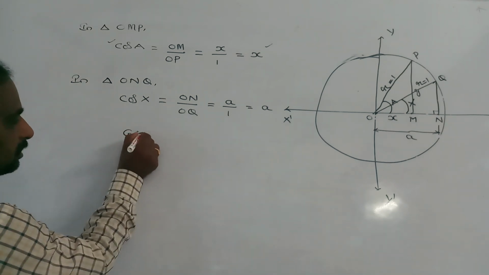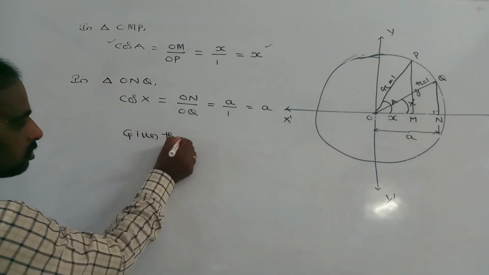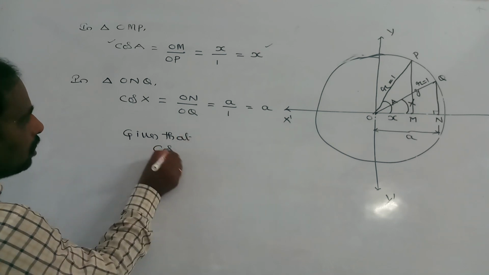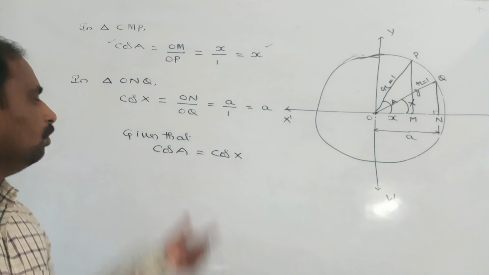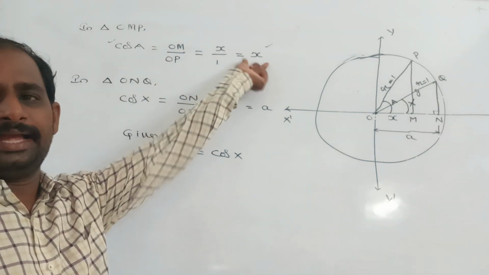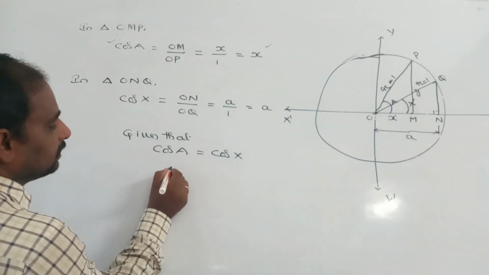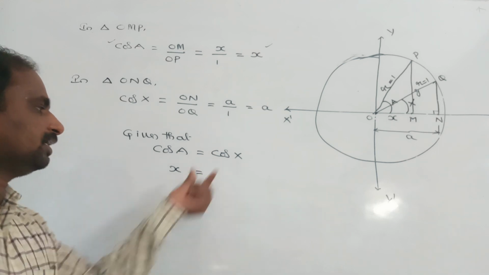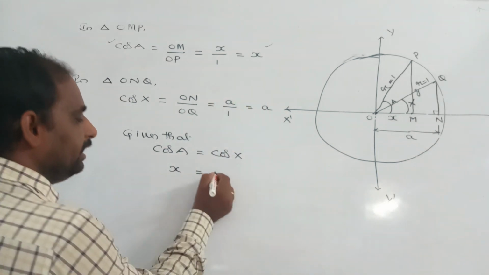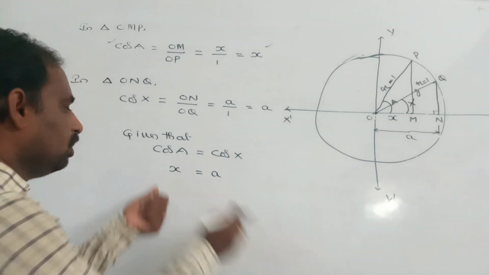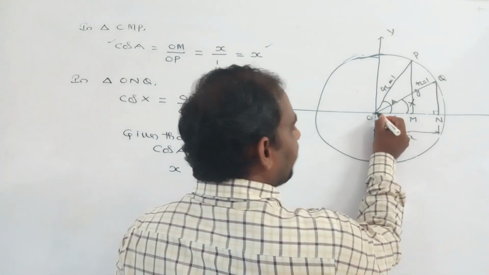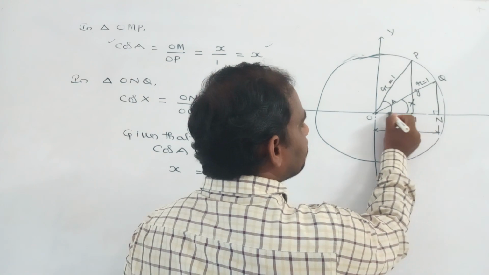Given that cos A is equal to cos X already. What is cos A? We got X. What is cos X? We got A. That means very clearly X is equal to A. X means from here to here, that is the distance.